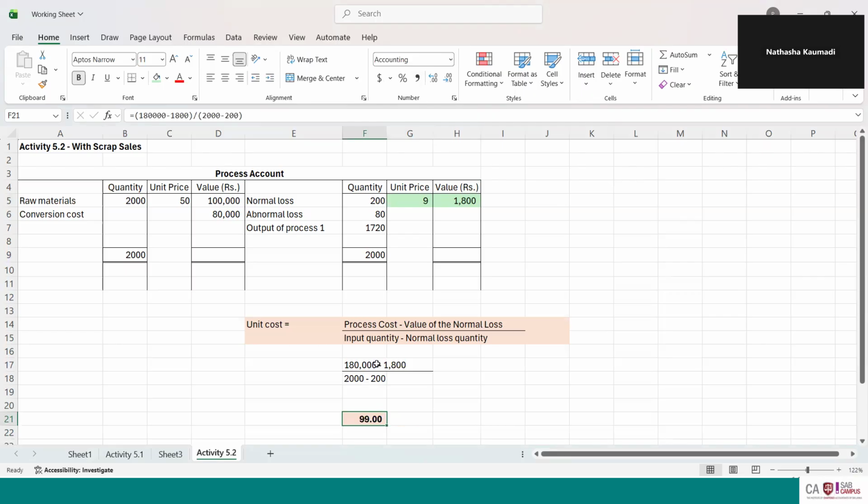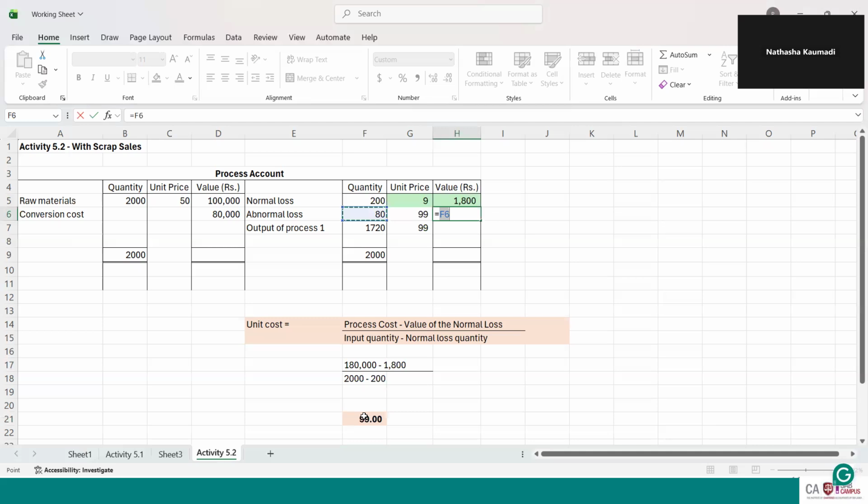So with that, you can calculate the value of abnormal loss and the output of process 1. I'm getting the value 99 here and then 99 here and get the values: 80 multiplied by 99, 1,720 multiplied by 99. We'll check whether the amounts are tallying or not. Yes, it's tallying. Simple as that.